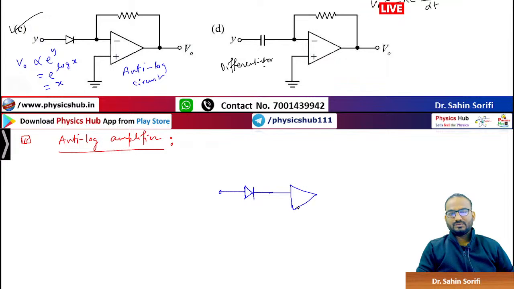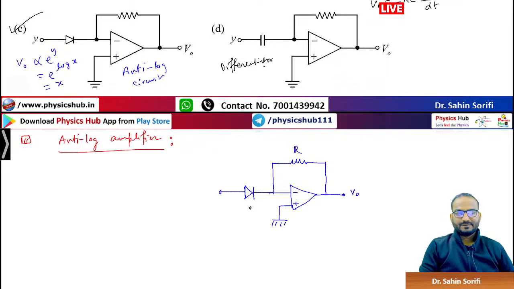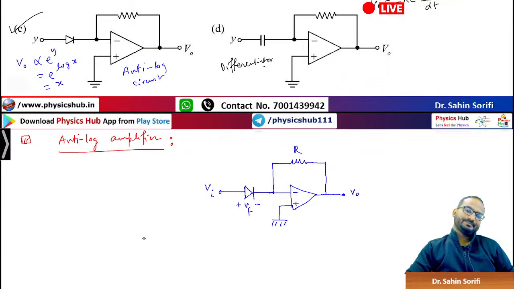At the inverting input, we have negative, positive, output, and it is connected via feedback resistor R. This is the diode. This will be at the virtual ground. Once again, we will have VF here.